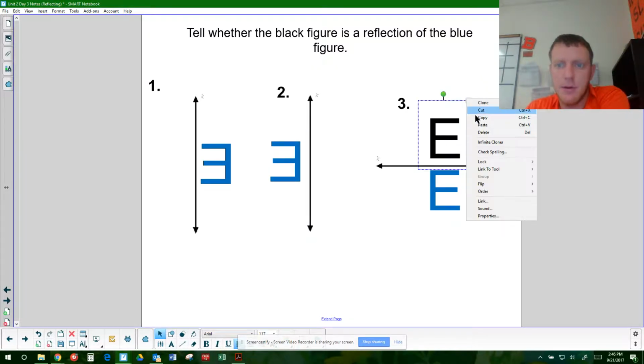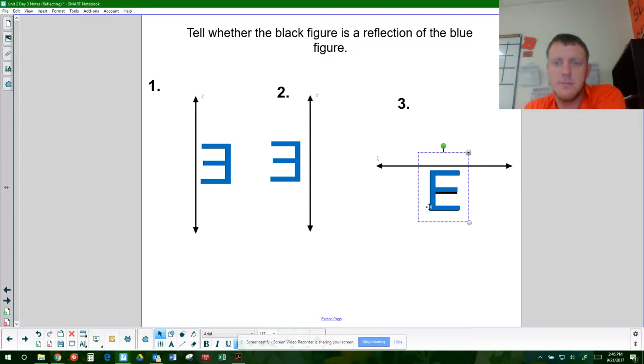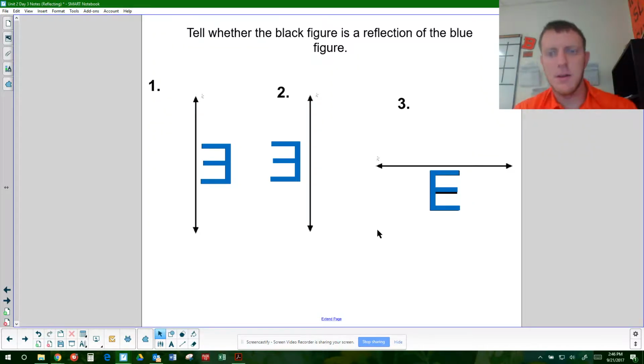And the same thing here. If I reflect the black one here, and this time we're going up and down, and I can put it right in the shape. Well, kind of. Close enough. The E's were probably a little bigger or smaller. But that's a reflection. All of these would be examples of what a reflection is. It's got to be the exact mirror image on the other side.